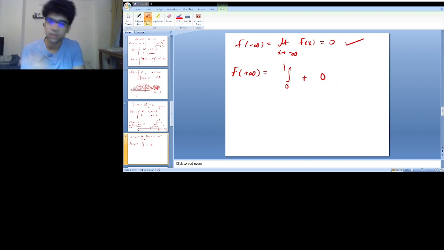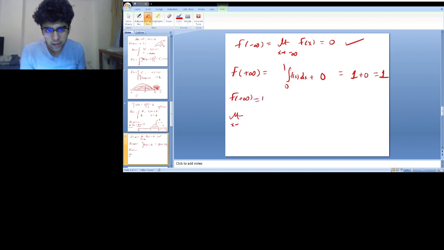That area is 0 because there is no curve. And the integral of f(x) dx from 0 to 1 is always equal to 1. So this is 1 plus 0, which is equal to 1. So my F of positive infinity is equal to 1.